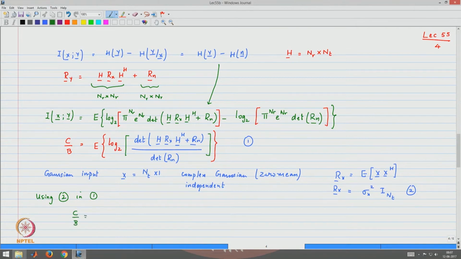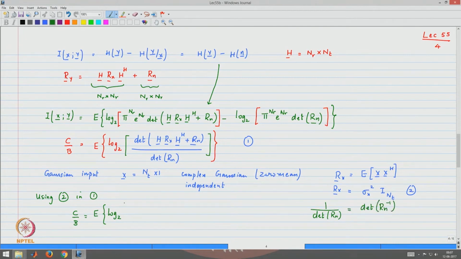we now get a very powerful result which says that the normalized capacity is given by the expected value of logarithm base 2. Basically, I am going to write 1 over the determinant of Rn as the determinant of Rn inverse.